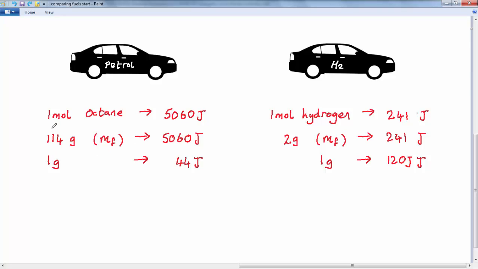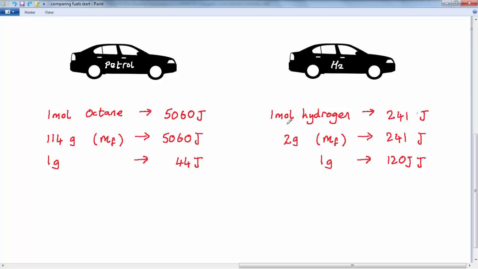So what we want to do is say, well, what is the molecular formula mass for octane? You look at its formula, you go to a periodic table, you work out the sum of the various relative atomic masses, and you come out with 114 grams. So that says that 114 grams of octane is burnt to release 5060 joules. So 1 gram of octane, divide that by 114, that gives you 44 joules.